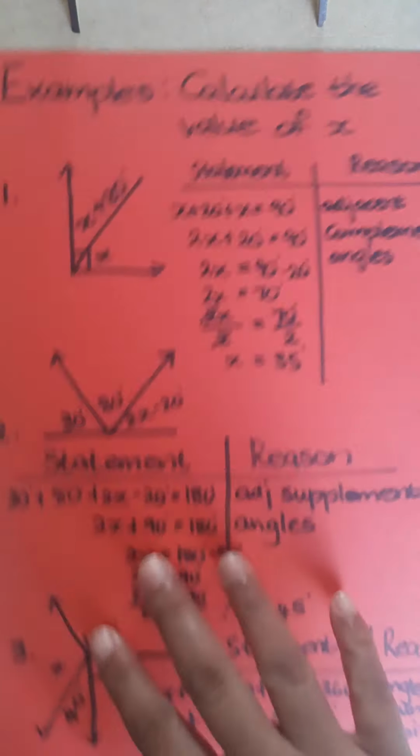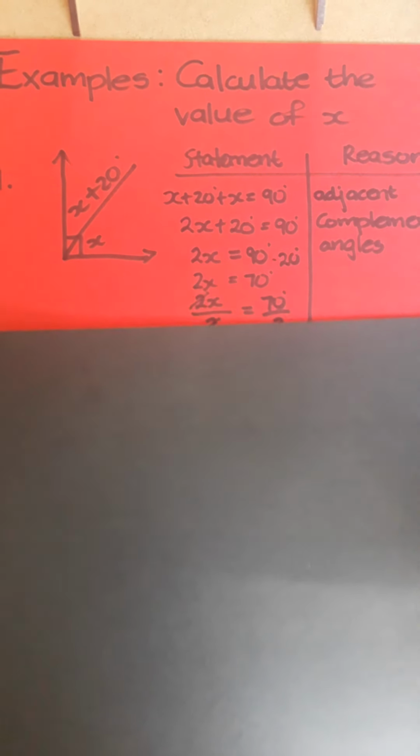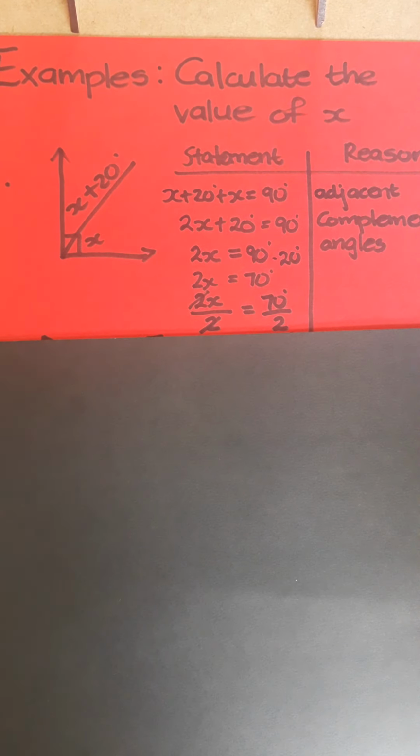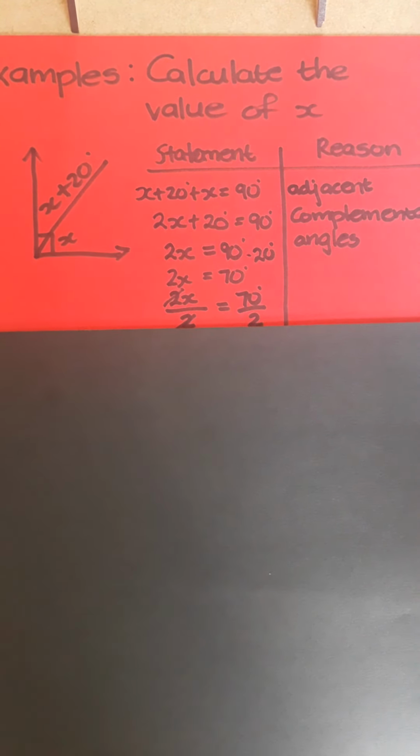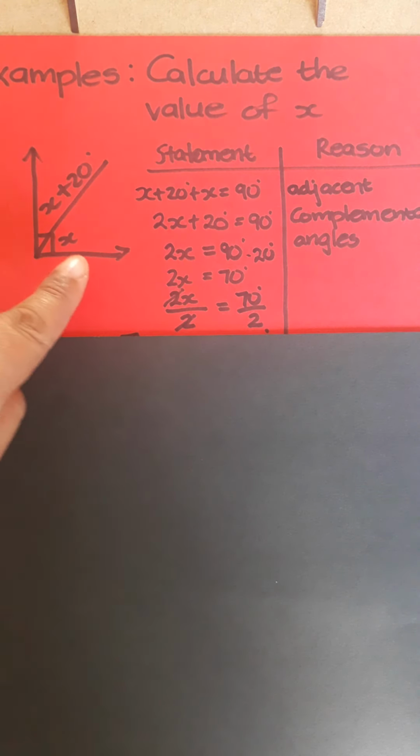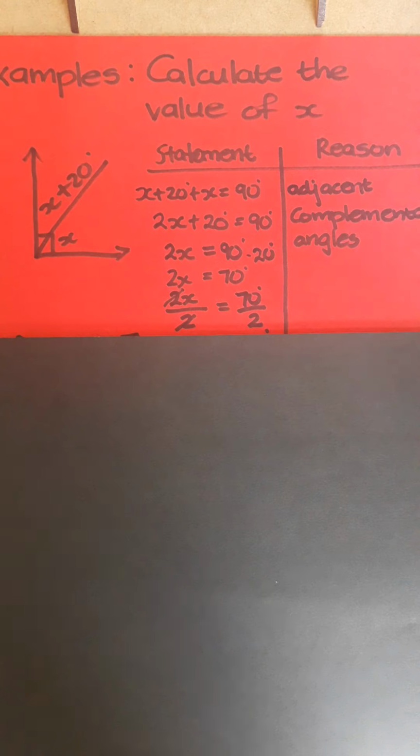Now I have done some examples and I'm going to go through them with you. We have a diagram, and in this diagram we notice that there is a 90-degree angle. This 90-degree angle is divided into X plus 20 and the angle X. When we are busy with geometry, we always have a statement and a reason.